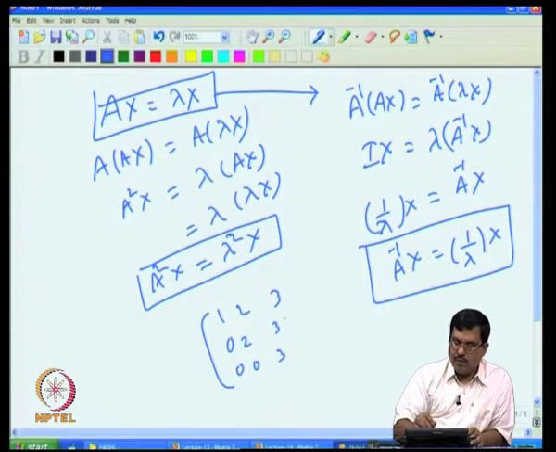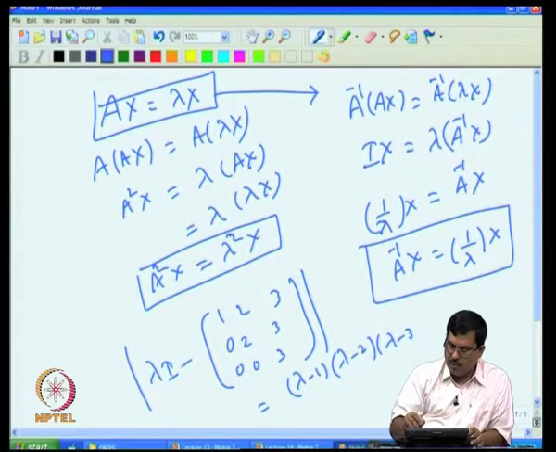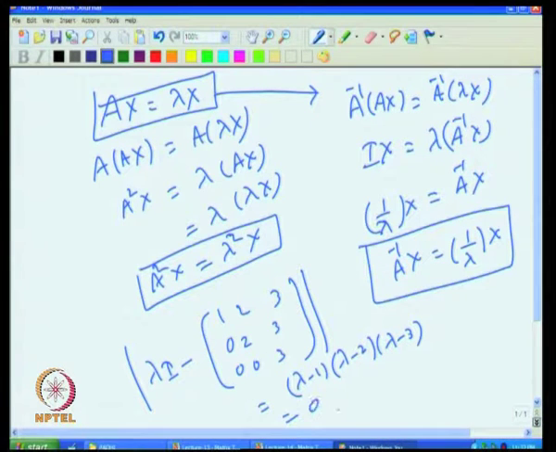Then the characteristic equation is the determinant of lambda I minus A, and that polynomial will give me (lambda minus 1) into (lambda minus 2) into (lambda minus 3). If I equate it to 0, then lambda 1 is 1, lambda 2 is 2 and lambda 3 is 3.